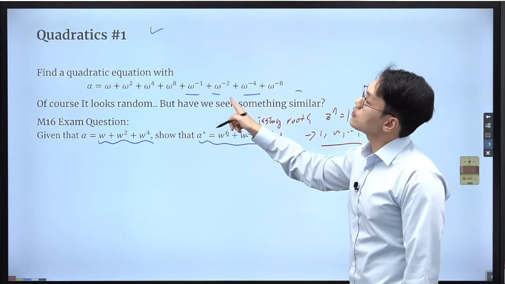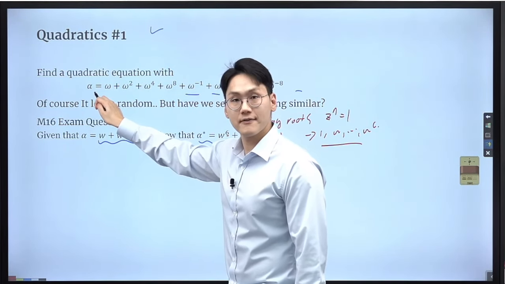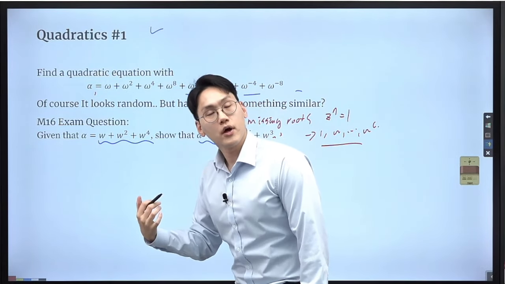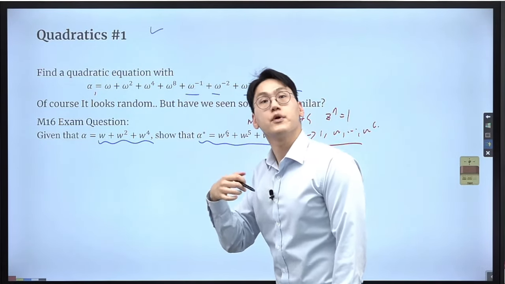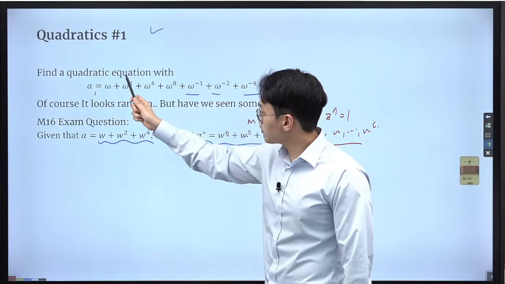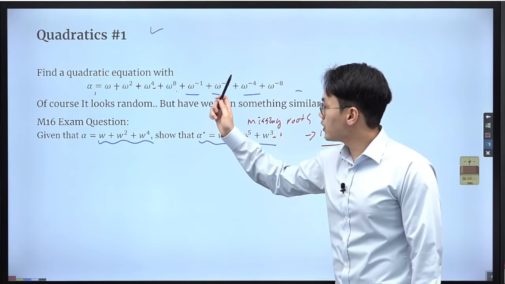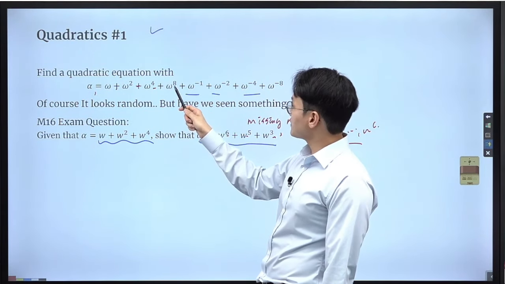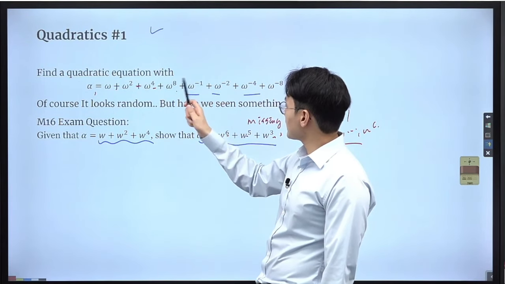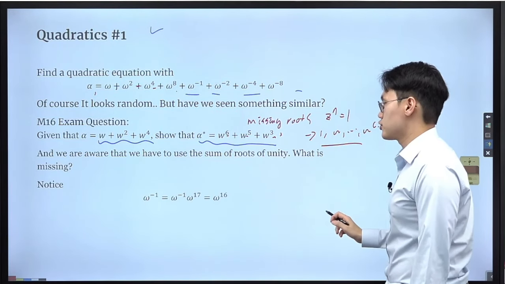So let's take a look. If I call this an alpha, I'm going to call my other root of the quadratic the missing roots. So if I came up with 1, 2, 4, 8, I'm going to go with, let's say, 3, 5, 6, 7 as the ones that I'm going to choose, okay?